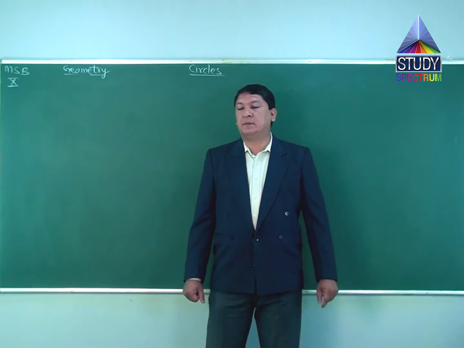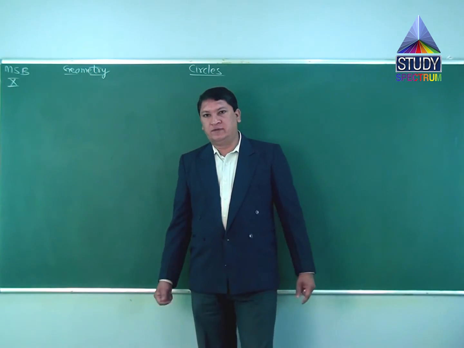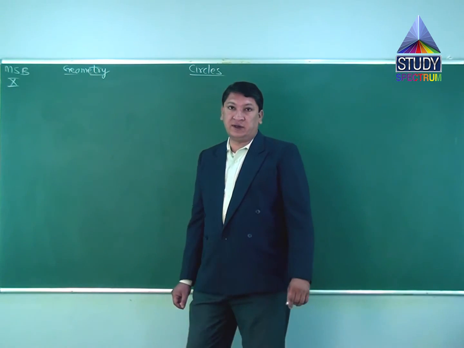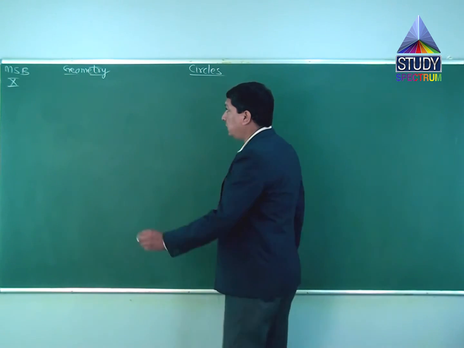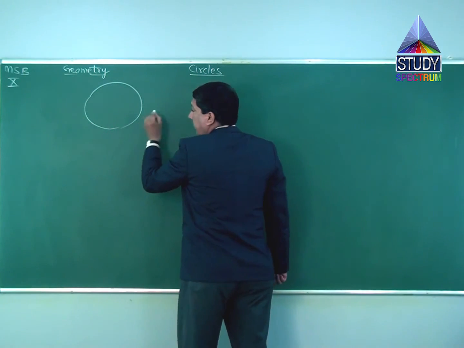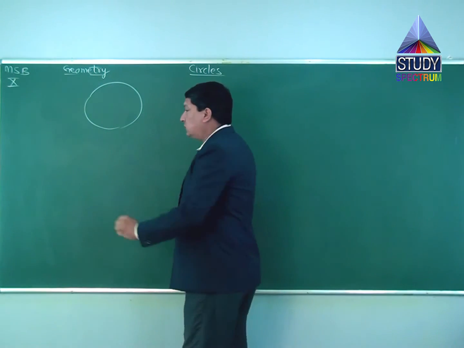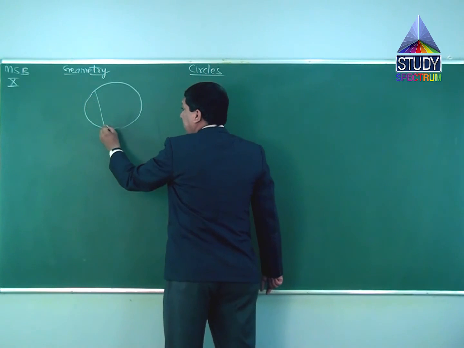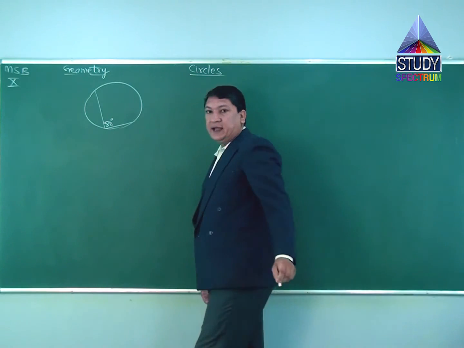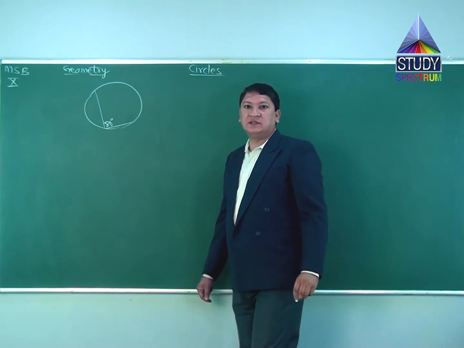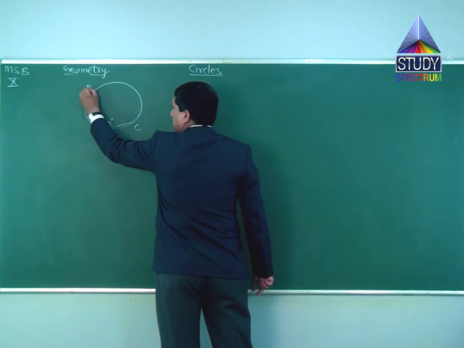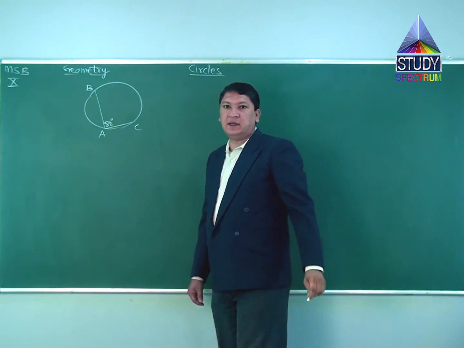So let's start with some problems based on the inscribed angle theorem, which we have done. I'll take exercise 2.3, first sum first, then I'll take the second one. There is a figure drawn. In this, one angle is given as 80 degrees, and the name of this angle is ACB.